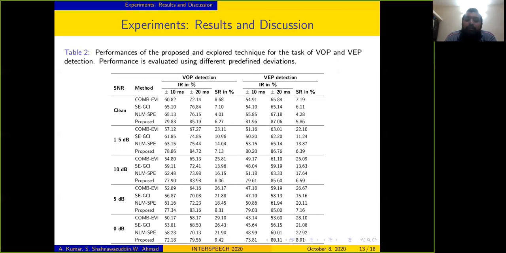So also the performance of the proposed and explored techniques for the task of VOP and VEP, that is vowel onset points and vowel end points, has been shown in this table. So again, in this case also, you can see that for both VOP detection and VEP detection, the proposed method outperformed the existing methods for all the cases, that is both in clean as well as in the noisy condition.